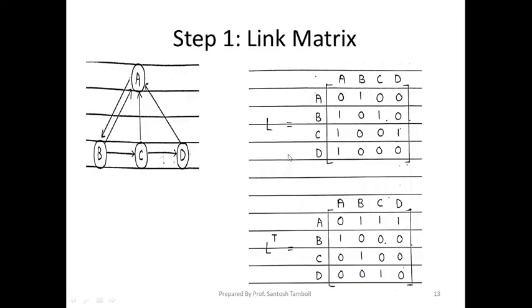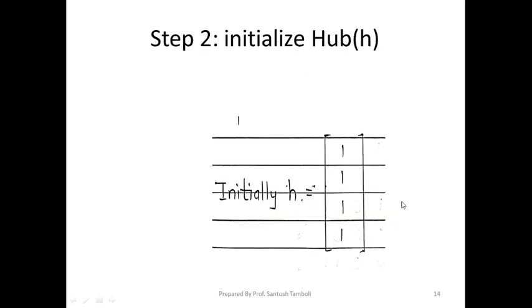After finding this link matrix, find the transpose of the link matrix, that is, rows become columns and columns become rows. This is a very simple step. Then initialize the hub H, that is all 4 entries are 1, since there are 4 web pages.